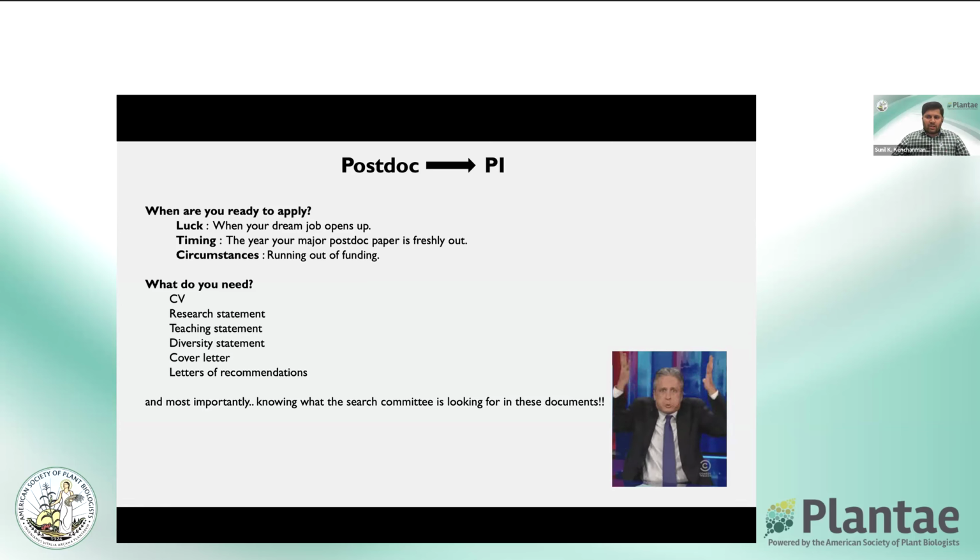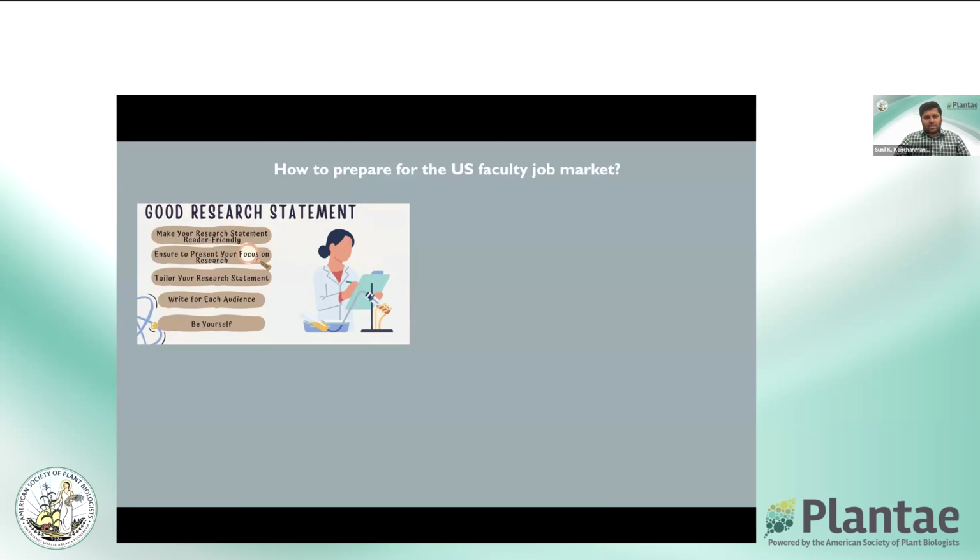But then you might be in a place where there are not many mentors that can help you with these things, because it's not just the science, but how you prepare your application document becomes very important, because the search committee is going through hundreds of applications and they need to see the things that are really important. So for this, as Howard again explained this clearly, there are things that go in a research statement that are critical.